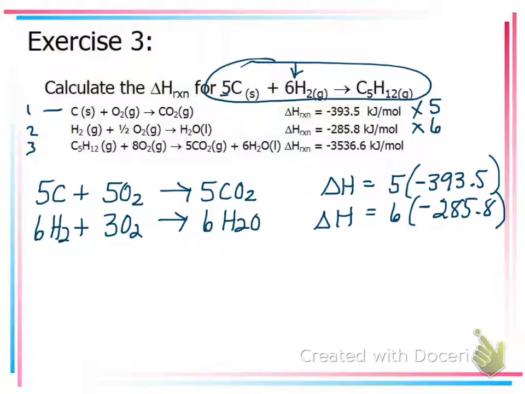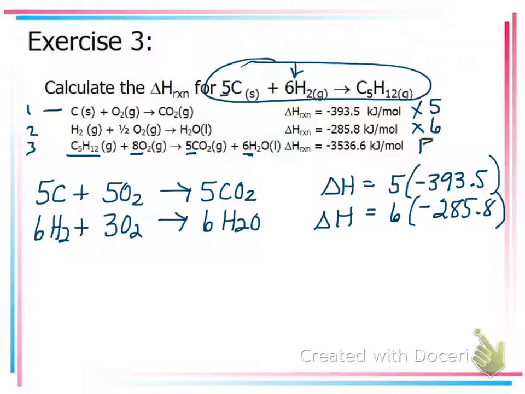All right, and then I look at my third equation, and I see that the C5H12, which is pentane, is in the wrong place. I need it on the product side, and so this one needs to be reversed. And if I glance ahead, I see that I've got 6 H2O, I've got 5 CO2, and I've got 8 oxygen. And if I look at my other ones the way I've rearranged it, I'm not going to need to multiply by any kind of integer or divide by any kind of integer.